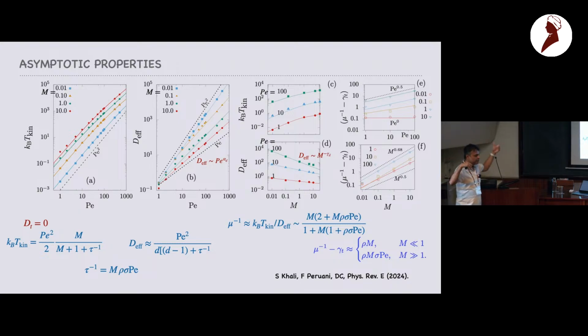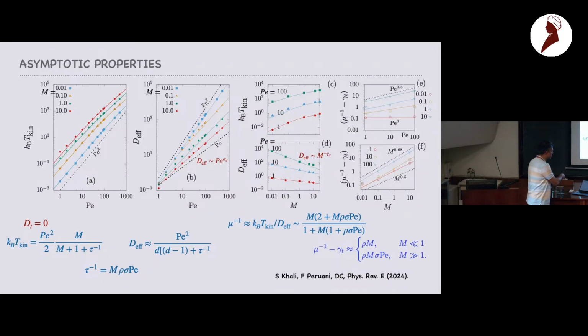So the behavior is completely opposite with respect to the harmonic interaction. In harmonic interaction, you spend more time as you increase inertia. But in this case, for a finite inertia, if you keep on increasing inertia, this will bounce back faster and faster. And that's what happens.